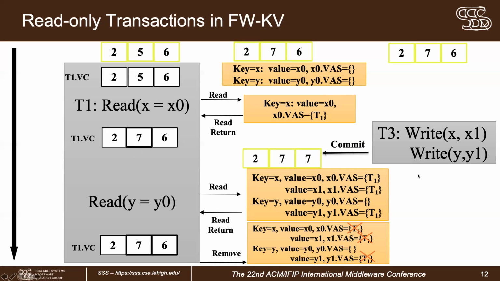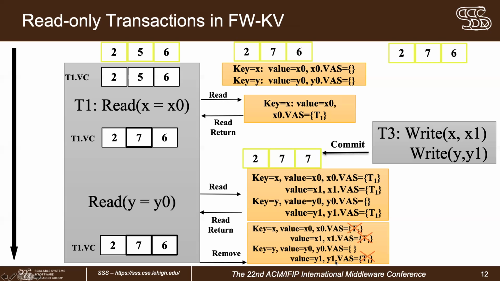If a concurrent transaction T3 updates X and Y with X1 and Y1 and commits, this update transaction propagates the fingerprint of T1 into the version access set of X1 and Y1. So later, if T1 decides to read Y and sends the read request, T1 is able to find its own fingerprint in the version access set of version Y1.